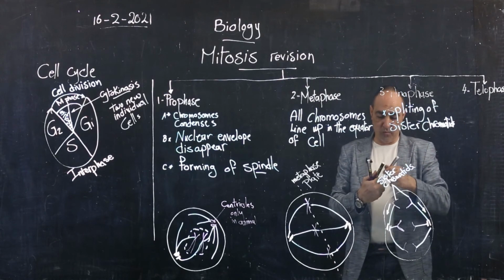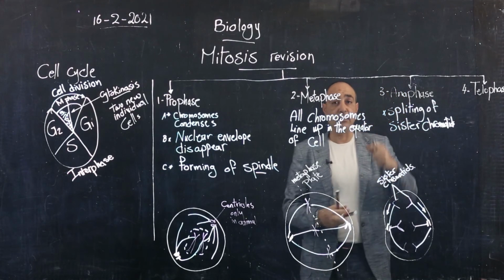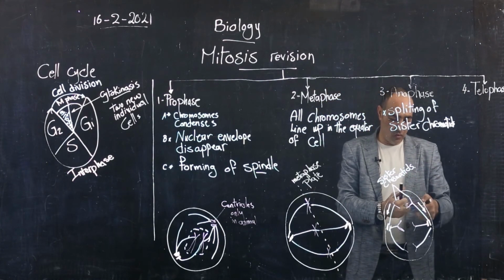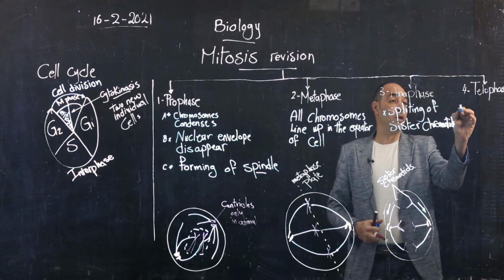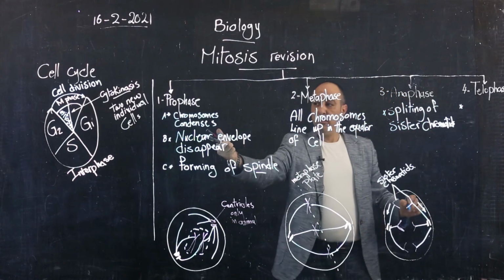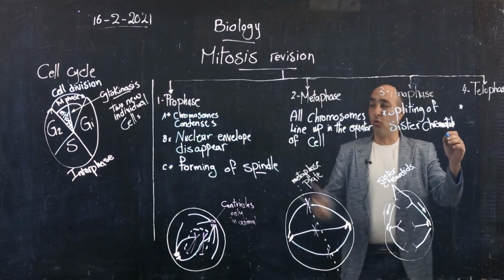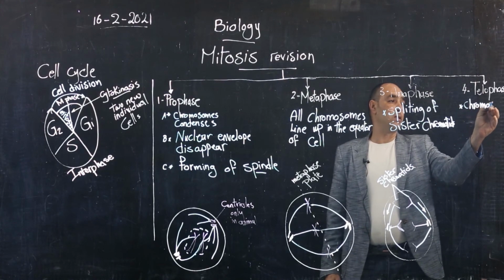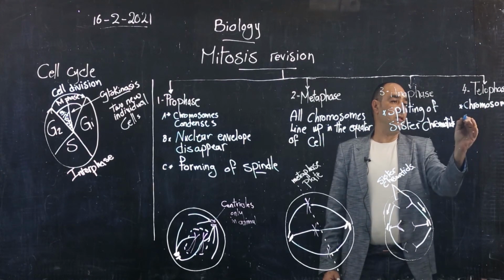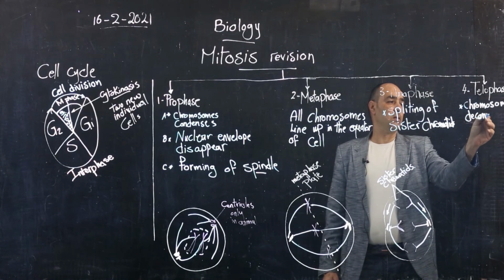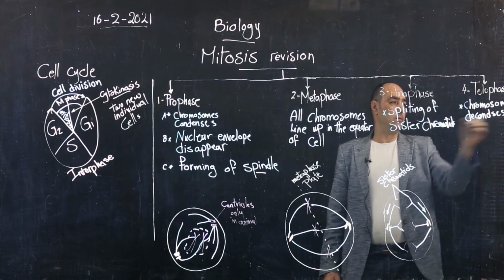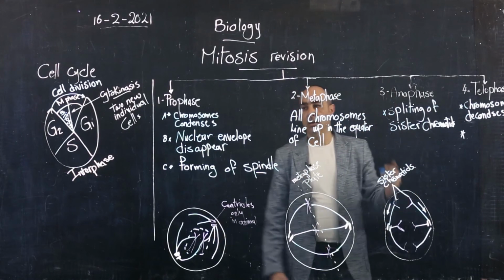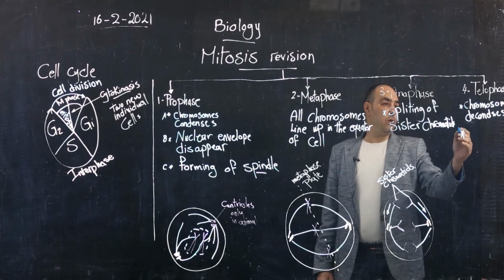Here the chromosomes decondense, they uncoil. So the first event in the telophase is opposite to the prophase: chromosomes condense in the prophase, and chromosomes in the telophase decondense. So they begin to uncoil.